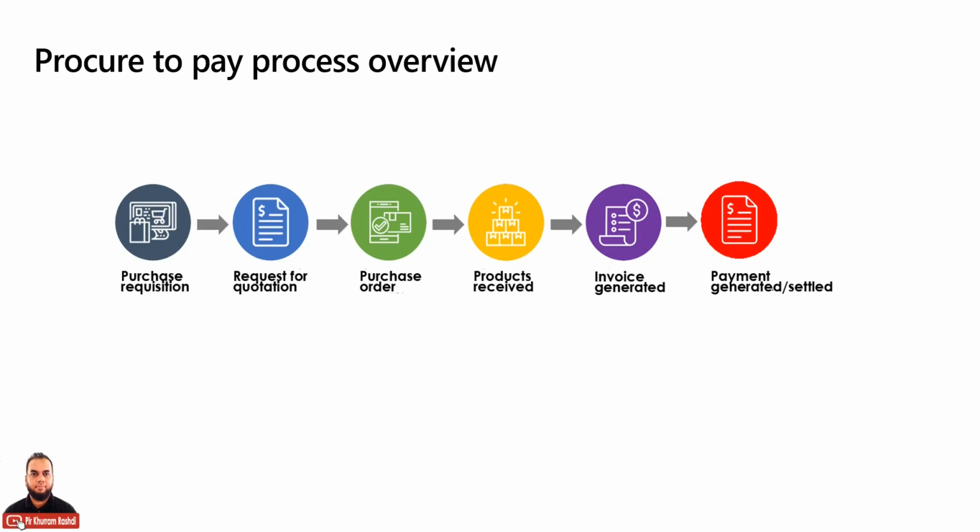Once the RFQ is generated, it is sent to the vendor, and the replies from the vendor are received. These are entered into the system on behalf of the vendor, or sometimes directly if you are using vendor collaboration. For example, if three replies are received, there is a comparison form where you can check the pricing and other factors, such as the quality of the items.